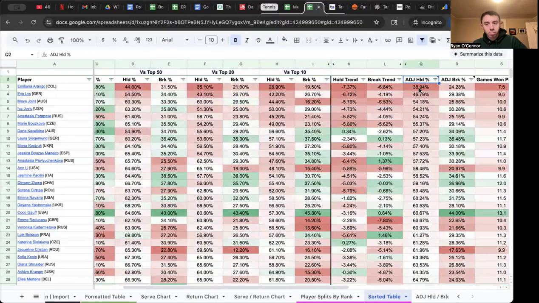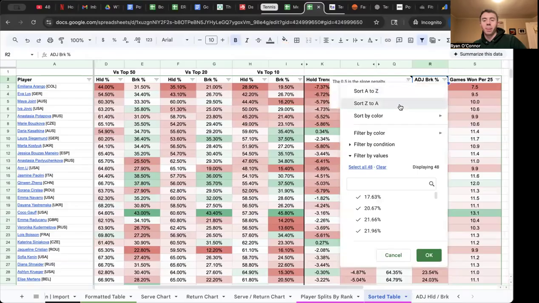And then as we go down, you've got Arango, Elise, Mboko, Jovic, Potapova, Buskova, Kasatkina. Yeah, this is where you don't want to be. Unfortunately, Arango and Elise are holding less than 50% of the time against the same playing field.